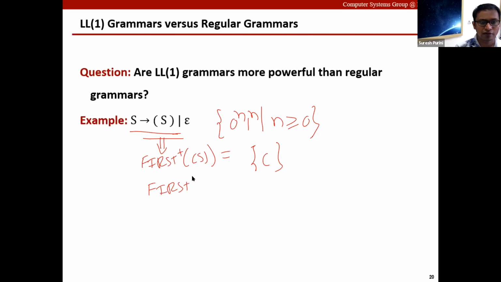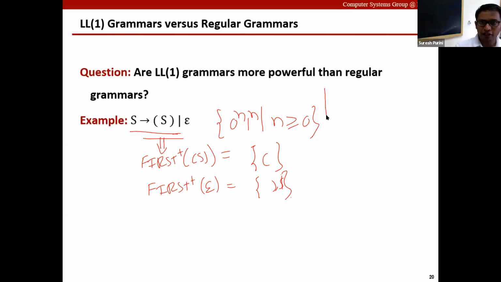And first plus of epsilon is right parenthesis, because first plus of this contains follow of S, and follow of S contains this and actually even dollar. So this is an example of a grammar which is not regular but still LL1.